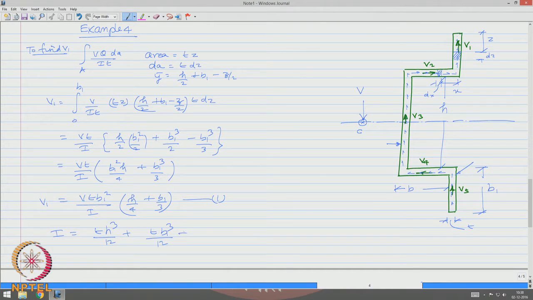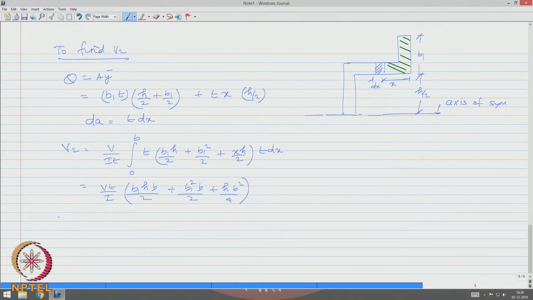Then parallel axis theorem, T b 1 h by 2 plus b 1 by 2 the whole square. There are two elements of this, plus b t cube by 12 plus b t h squared by 4, again two elements of this.